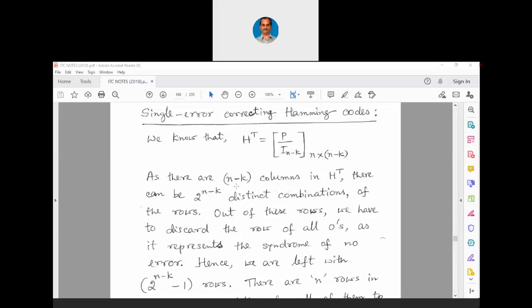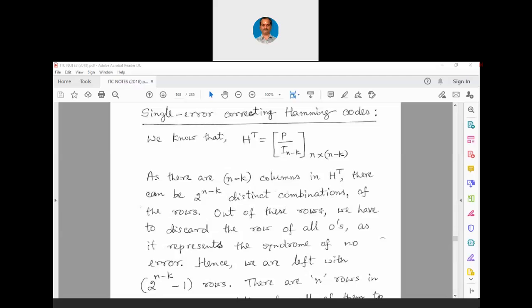Now as there are n minus k columns in H transposed, there can be 2 power n minus k distinct combinations of the rows, right? Each column corresponds to a bit in the syndrome. So naturally, we can have 2 power n minus k distinct combinations because we are using the binary alphabet.